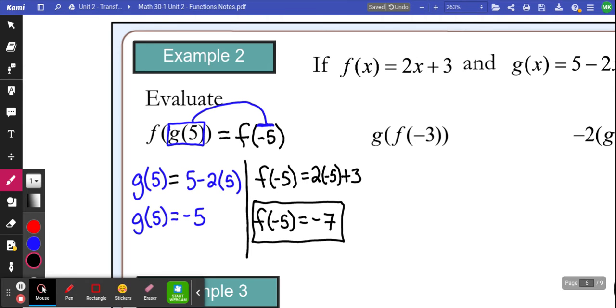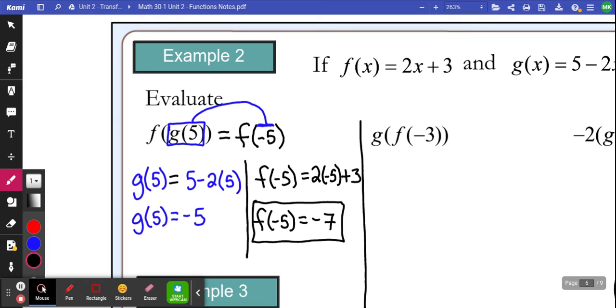So I solved the first function for a value, used that value, and solved the second function. f of g of 5 is negative 7. Okay, that's one strategy to do it.